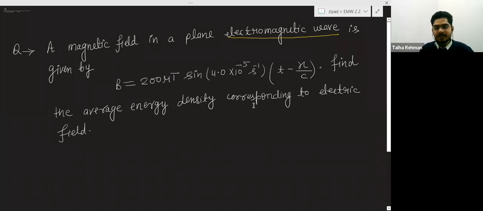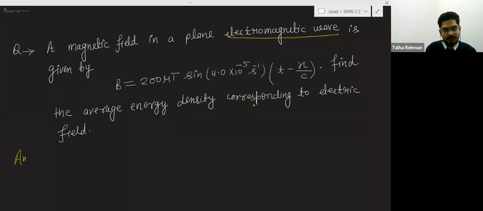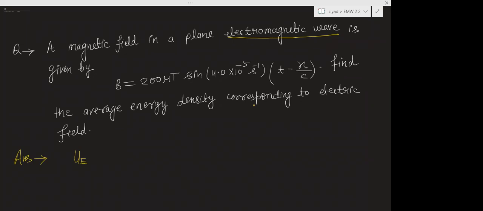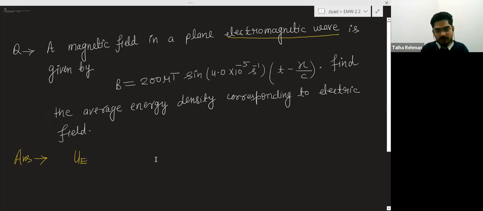Find the average energy density corresponding to the electric field. So basically they are asking the energy density corresponding to the electric field, in terms of the average value.